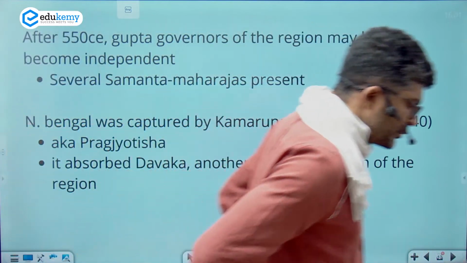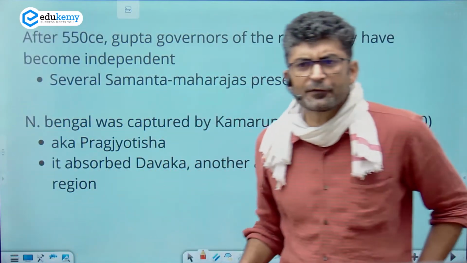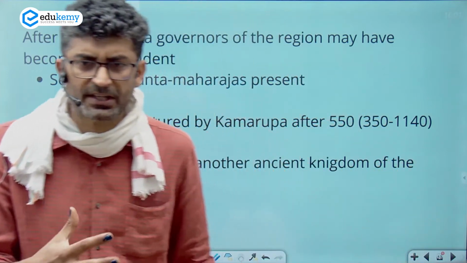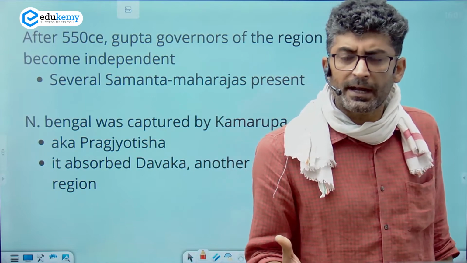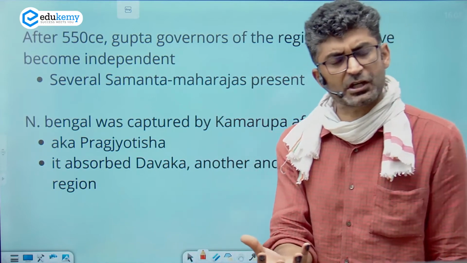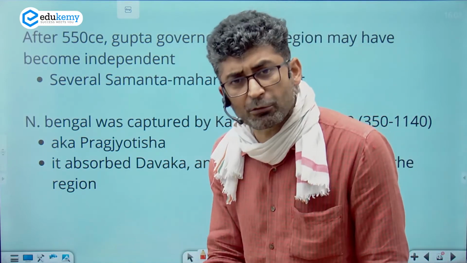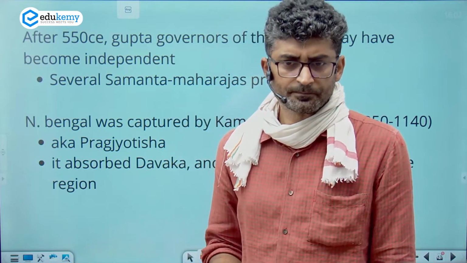So as I was telling you, as the Guptas declined, many of these governors started becoming independent. They were Samants previously, just vassals. But now they became Maharajas.